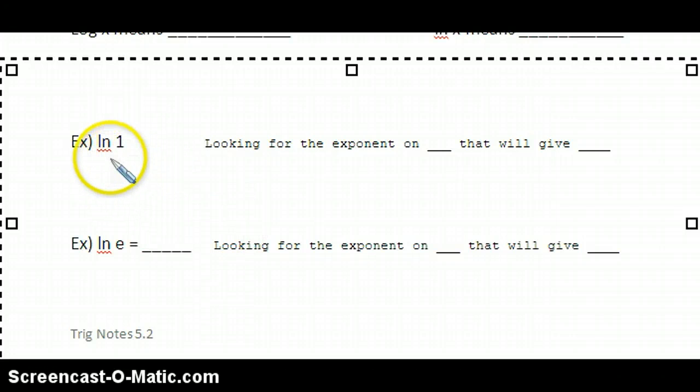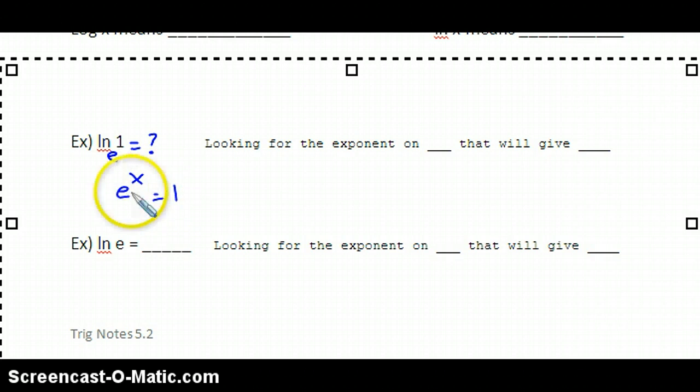Here we have a problem that asks for the natural log of 1. Before we just type this in our calculator, let's write it in exponential form. Remember, natural log has a base of e. So we're saying e raised to some power, because we want to know what this is equal to. I called it x, and it has to be equal to 1.